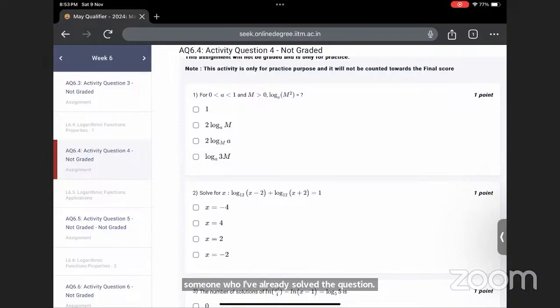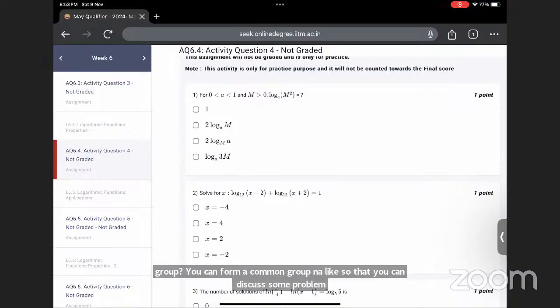Otherwise I cannot make any comment, and it will take some time. This session is for week 6 now. You can form a common group so that you can discuss problems.